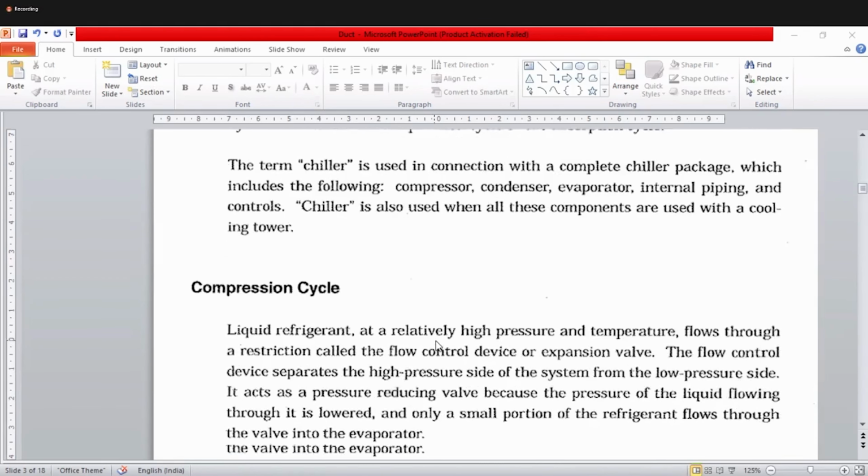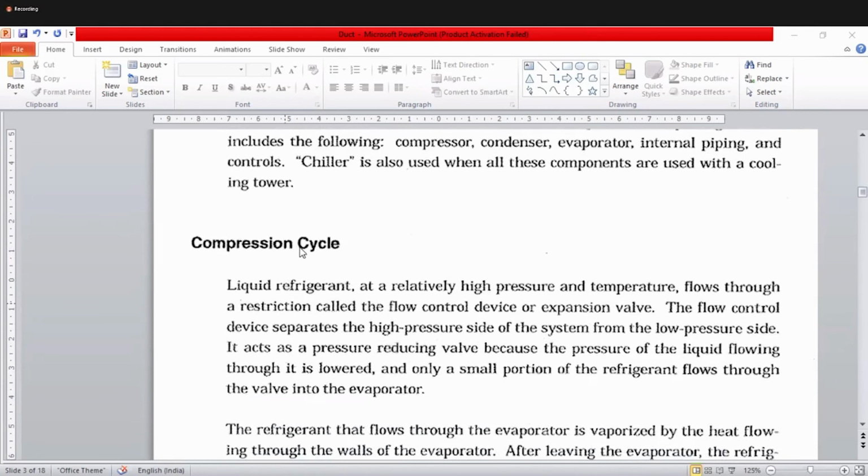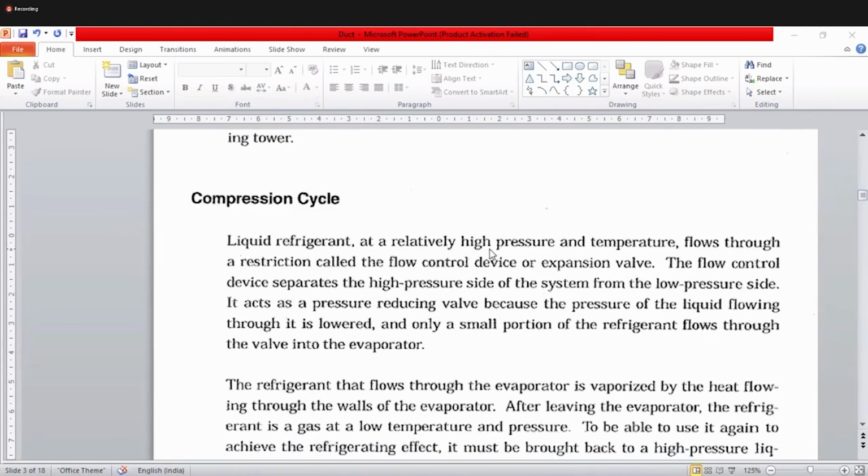In the compression cycle, the liquid refrigerant at a relatively high pressure and temperature flows through a restriction called the flow control device or expansion valve.